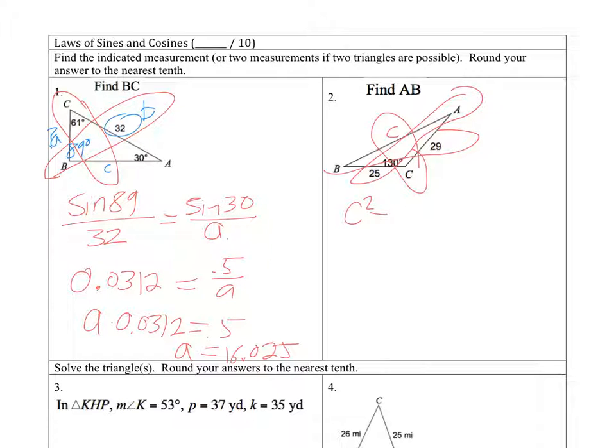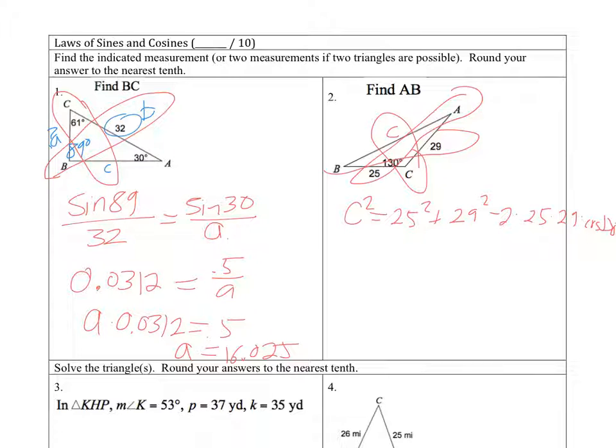So C squared is equal to A squared, 25 squared, plus B squared, 29 squared, minus 2 times 25 times 29 times cosine of 130. When I do this out, we've got 25 squared plus 29 squared minus 2 times 25 times 29 times cosine of 130.